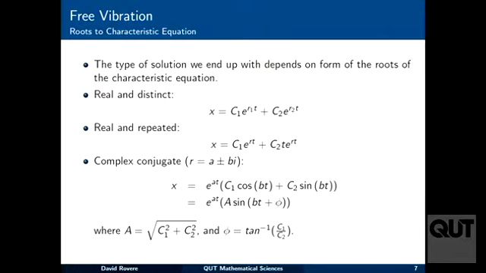If our r values are real and repeated, so you get the same number twice, you get your exponential function plus an exponential function times t. And then if you get complex conjugate roots, you get an exponential function times a cos function plus a sine function. All right, and we get that by applying Euler's identity.